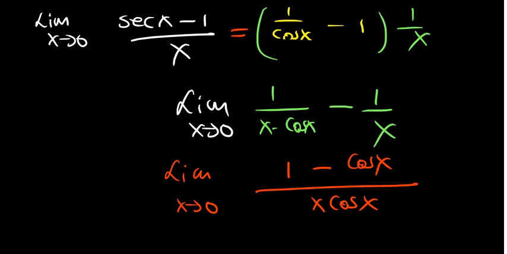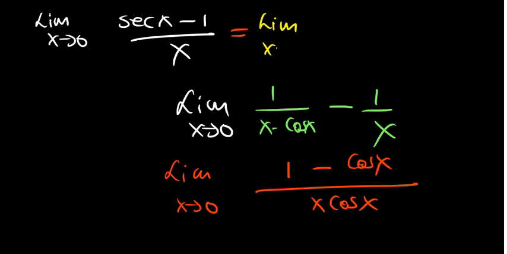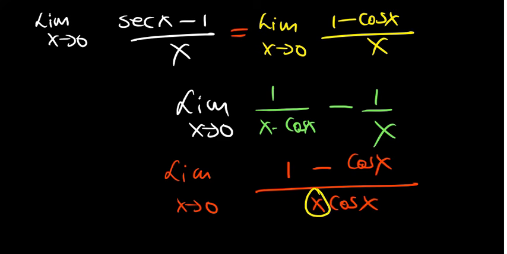Now at this point, can we simplify it? How far can we go? This is now going to be the limit as x approaches 0. We can see the identity appearing, right? 1 minus cosine of x over x, and then we can separate it from the other part, 1 over cosine of x.